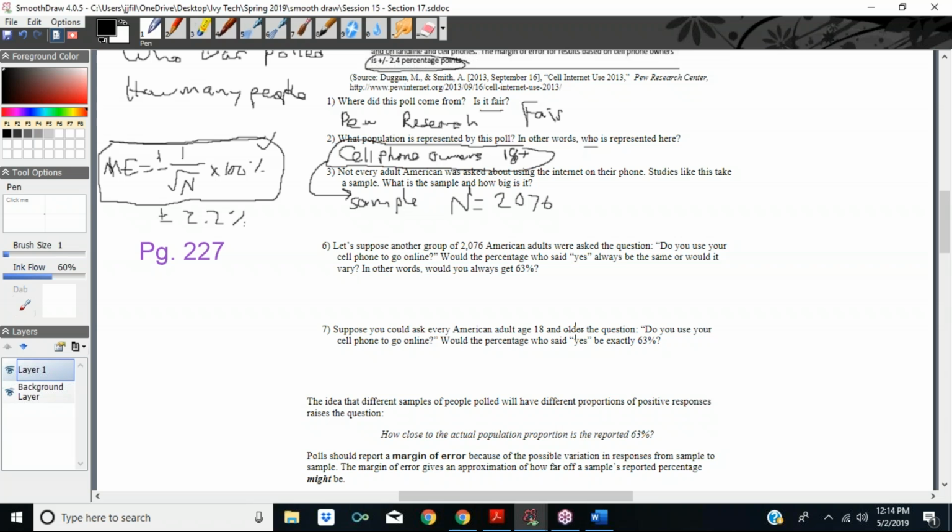All right, so looking on page 277, we got two more questions here. It says, let's suppose another group of 2,076 American adults were asked the question, do you use your cell phone to go online? Would the percentage who said yes always be the same, or would it vary? Would you always get 63%? That's what the question is.